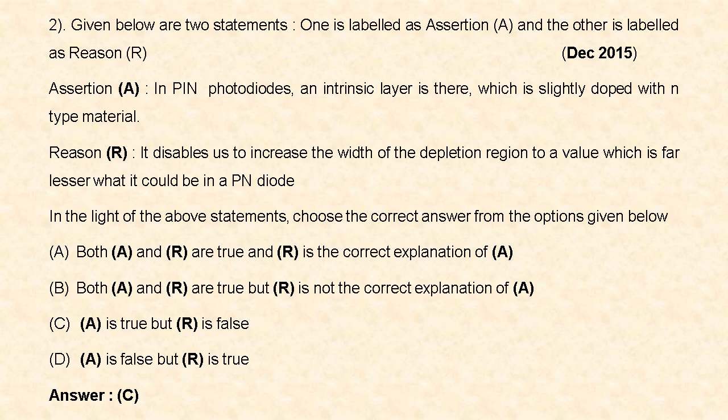Reason: It enables us to increase the width of the depletion region to a value which is far lesser than what it could be in a PN diode. This statement is wrong because due to the introduction of the intrinsic layer, the width of the depletion layer is increased. So assertion is true but reason is false. So option C is the correct answer.